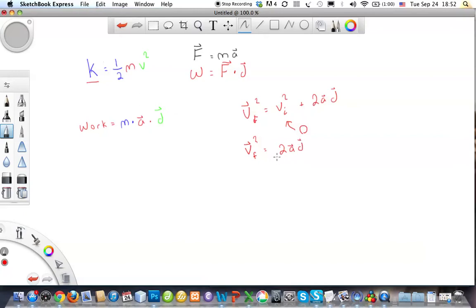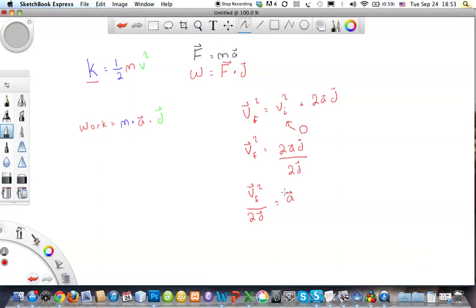Okay. Since we want to solve for our acceleration, I'm going to divide by 2 times our displacement vector. That's divided by 2 times the displacement, okay, which is equal to our acceleration.